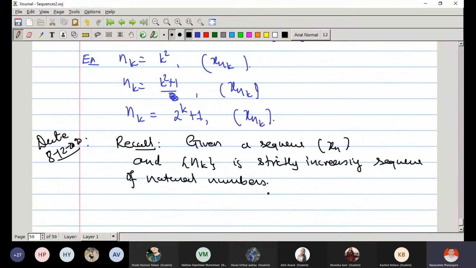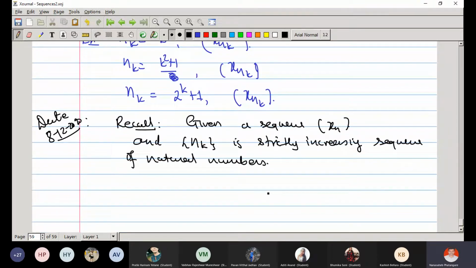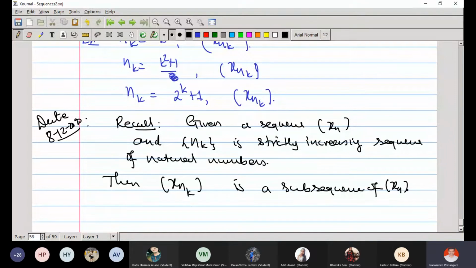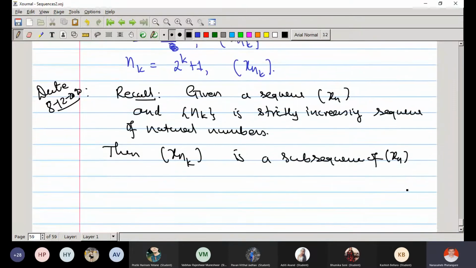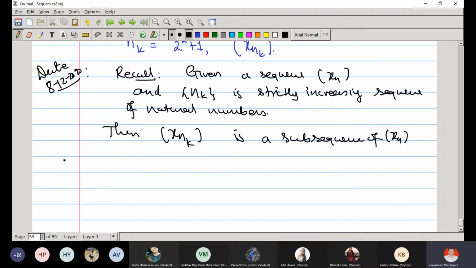Nk means what varies here? k varies. Then xnk is a subsequence of xn. This is what we discussed yesterday.